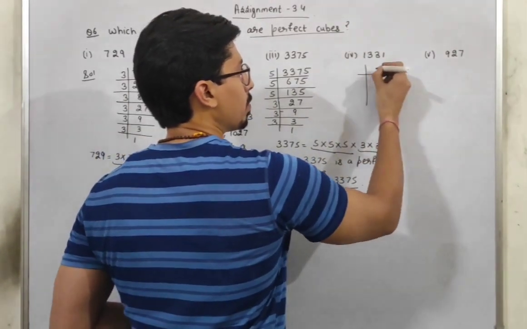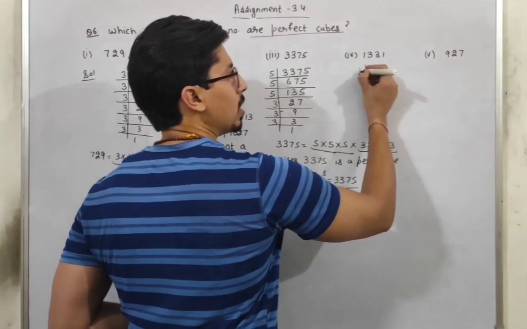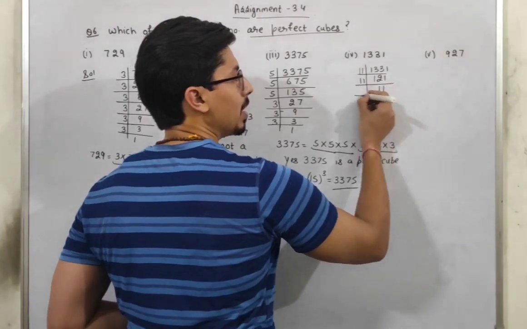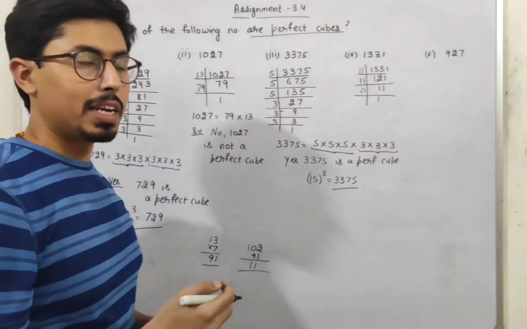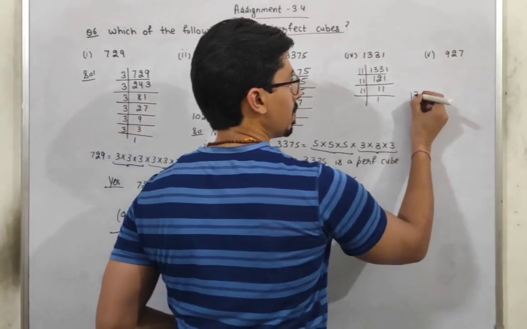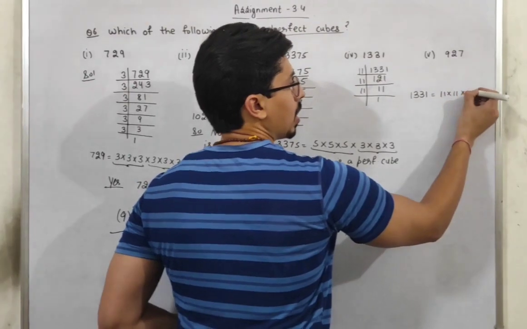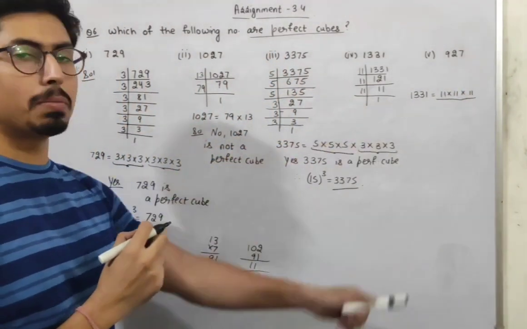Okay students, so the next part we have is 1331. 1331 is only divisible by 11, students. So it will be 121, and 121 is again divisible by 11, so 1331 can be written as 11 into 11 into 11. All the 11s are making a group of 3 numbers.